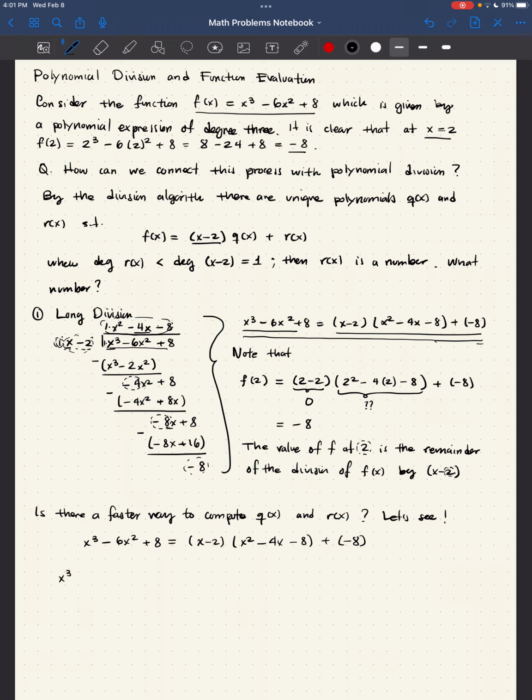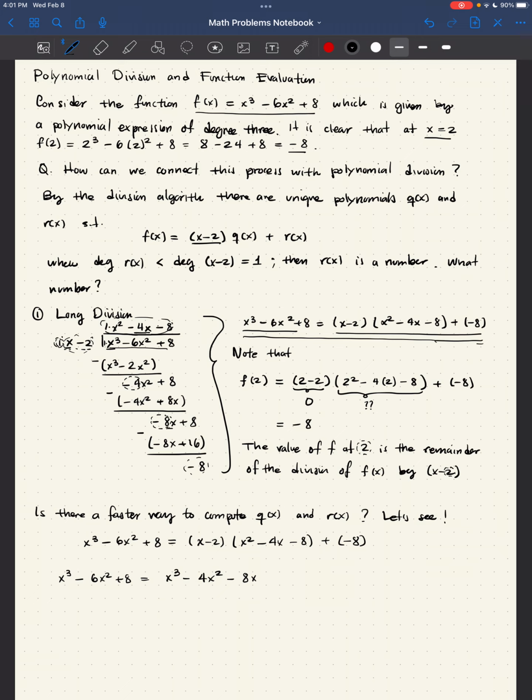So I have x cubed minus 6x squared plus 8 is equal to x cubed minus 4x squared minus 8x on this side.